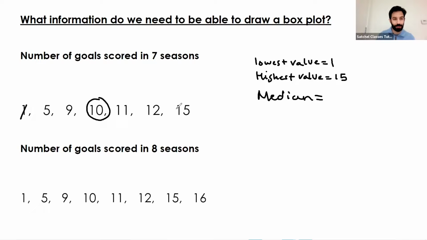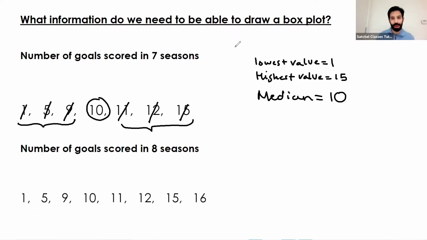So I can cross off a value from the left, from the right, from the left, from the right, from the left, from the right, and 10 will be in between these 3 numbers and these 3 numbers. So we can see we have 3 numbers to the left of 10 and 3 numbers to the right of 10. So 10 is bang on in the middle of the data set. So the median is the middle value, and the middle value of this data set is going to be 10.